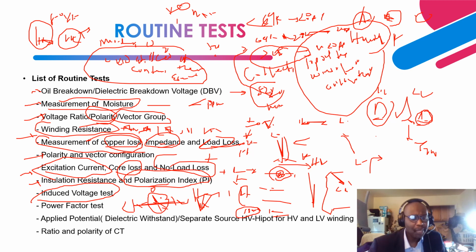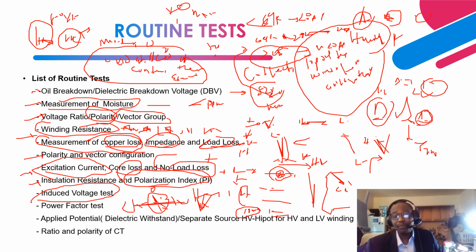So for the performance of the induced voltage, let's say you have a 230 kV transformer, or a 13.8 kV transformer and 480 volts. The testing is done for each side, each terminal.